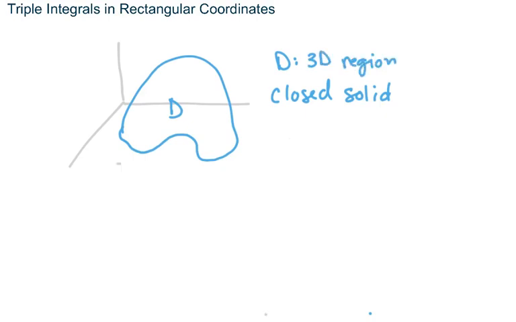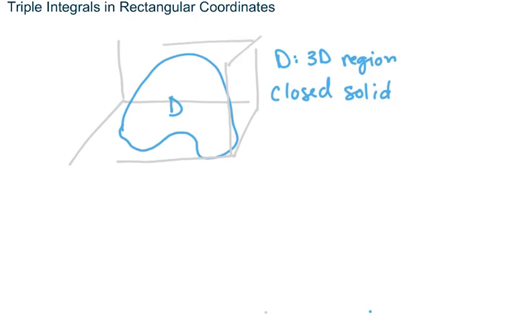You might see that better if I draw a rectangular prism around it and say, hey, this D is taking up this space, right? It's no longer a surface, it's a 3-dimensional solid. And what we're going to do is find the volume of all these little cubes inside this solid, and add those up to find the volume, right?